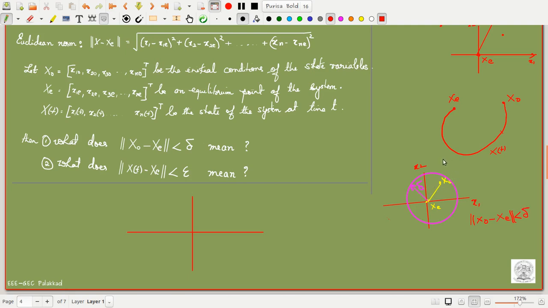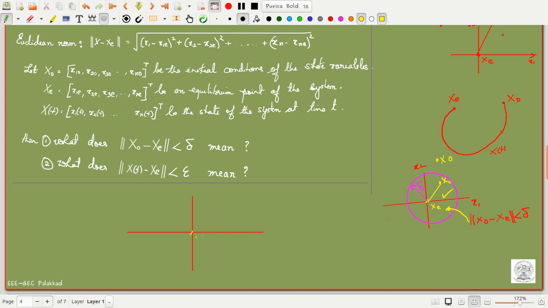If my x0 is somewhere here, outside the delta ball, then x0 minus xe is greater than delta.